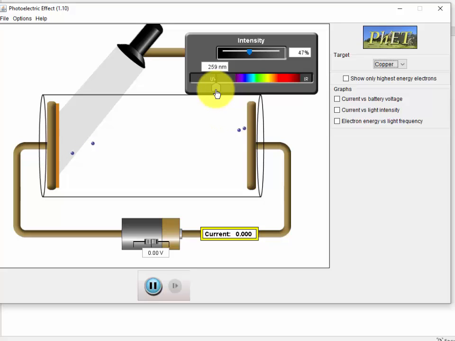And it seems to be around, maybe 270 nanometers or so for copper. Copper really seems to like its electrons. Now we'll go to platinum. Platinum's probably around 200 nanometers, 202 nanometers or so.